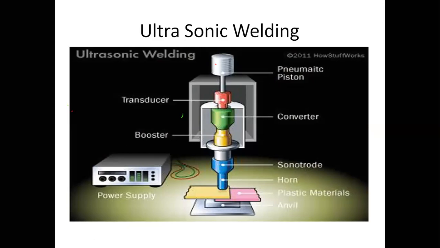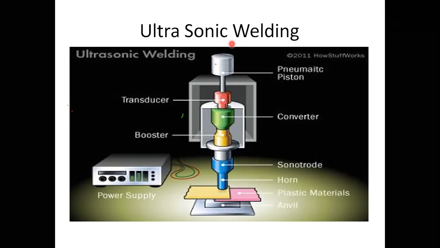You can see this is ultrasonic welding. What is ultrasonic welding? In this process, ultrasonic waves are created, and ultrasonic waves or vibration is used to generate heat across the contact of the two metals.